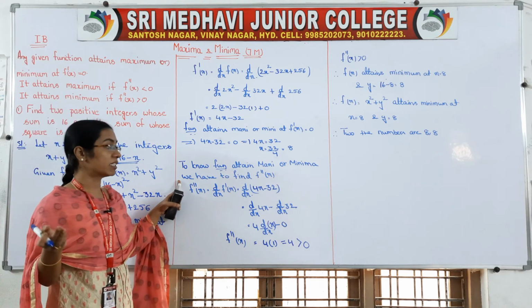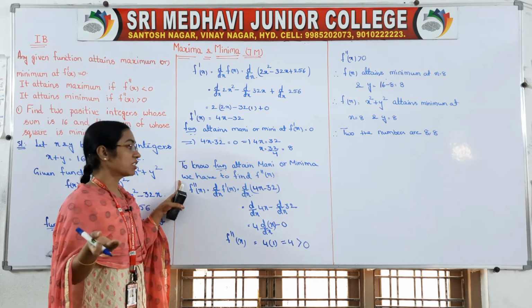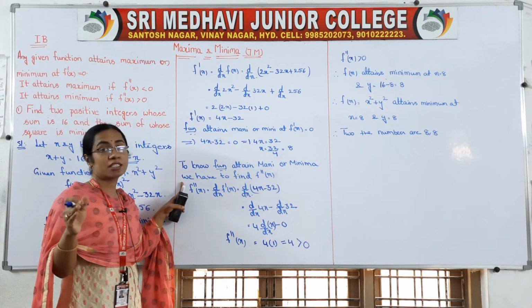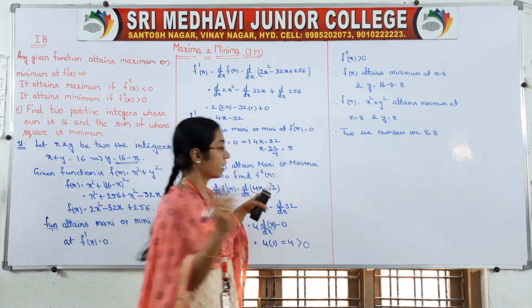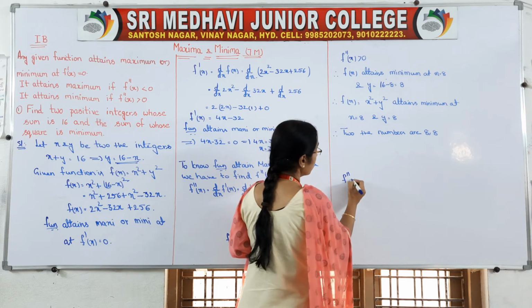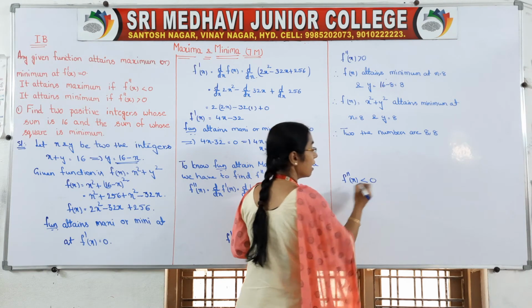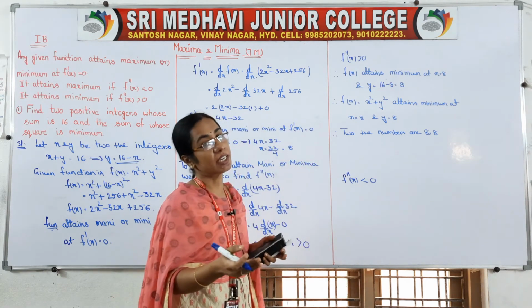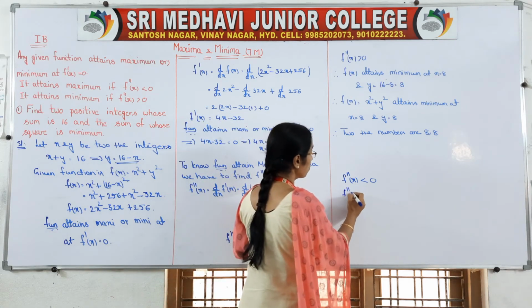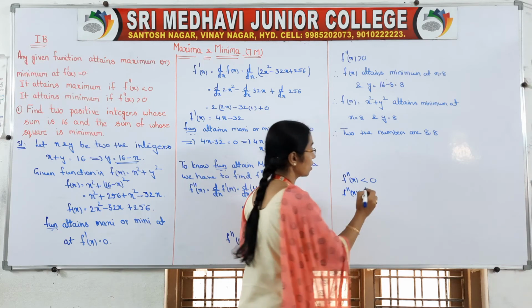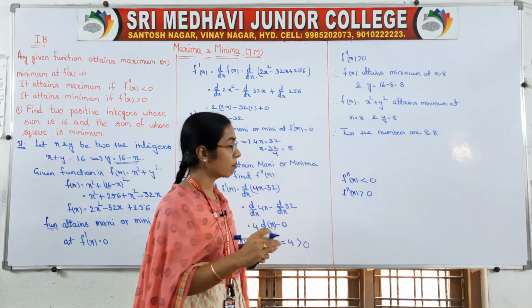To find whether this function attains maximum or minimum, we have to find f double dash x. If f double dash x is less than 0, the function attains maximum; the reverse, if f double dash x is greater than 0, the function attains minimum.